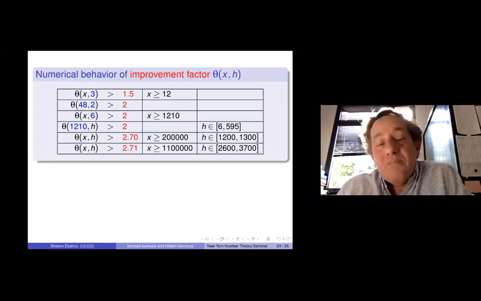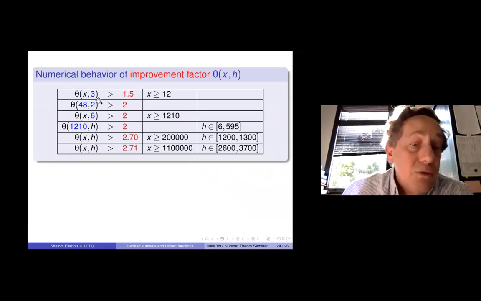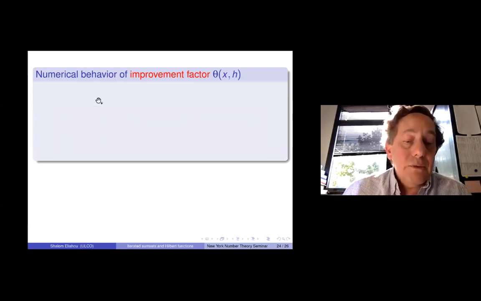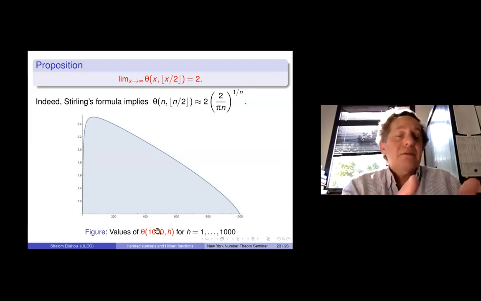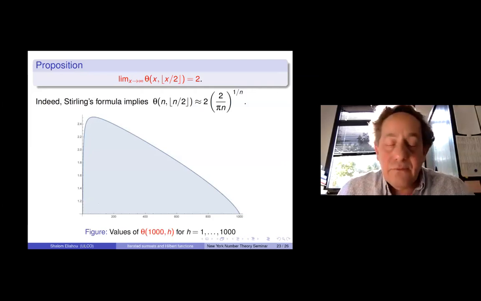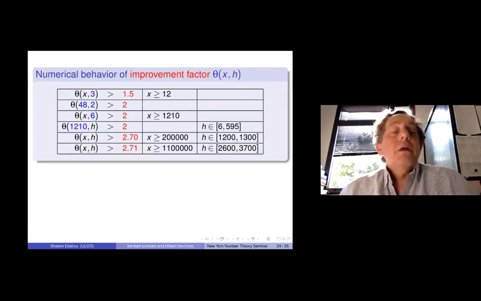Here is numerical behavior. You get an improvement of at least 1.5 already for h equals 3, which we could guess from this picture. This picture was for x equals 1000, but in fact, the shape is almost the same for all x. So this is a generic shape when x is large.